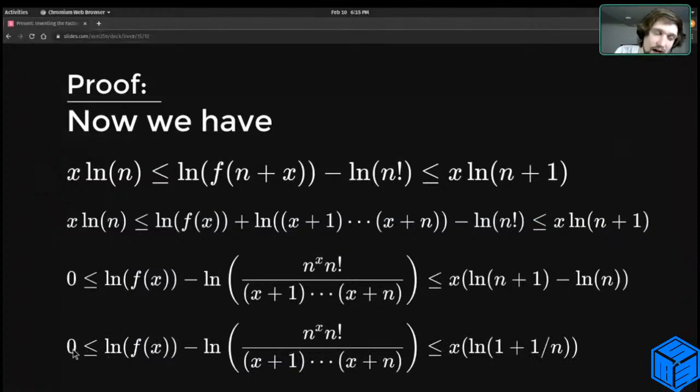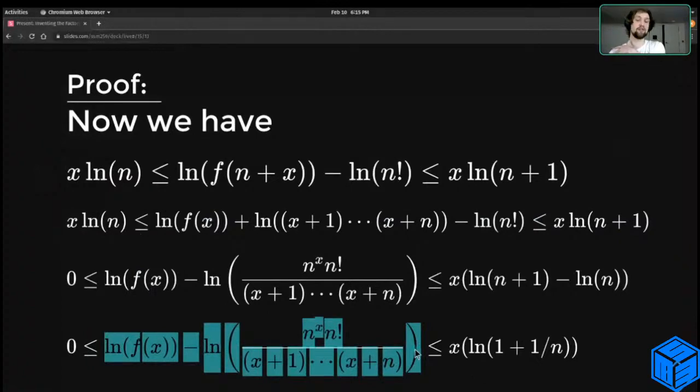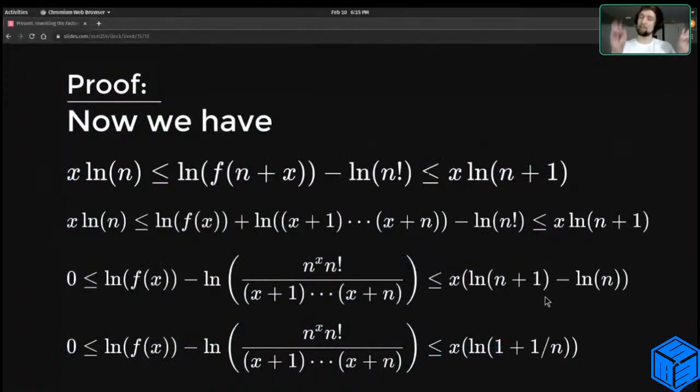And so now we have 0 on the left, a whole stinky function in the middle, and then something on the right. We have bracketed what is on the inside, given that our right bracket will be moving.